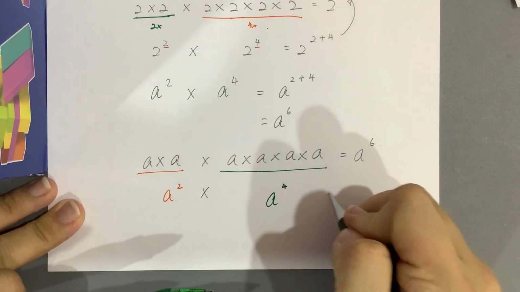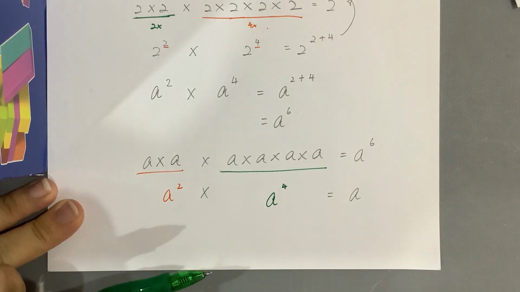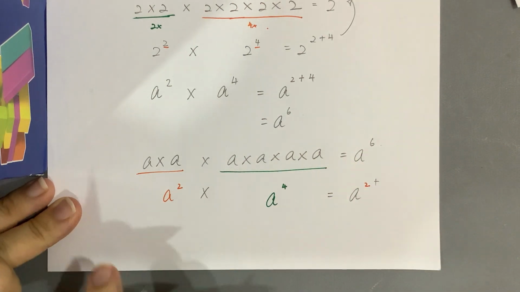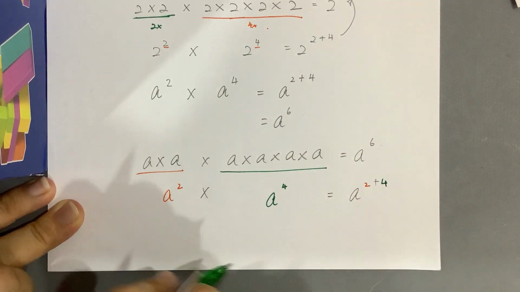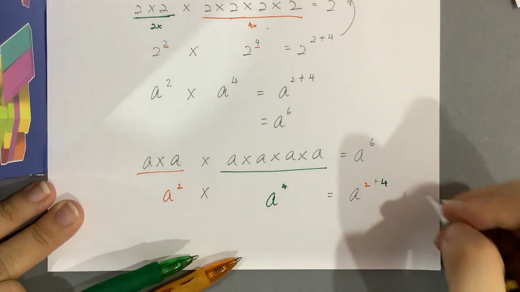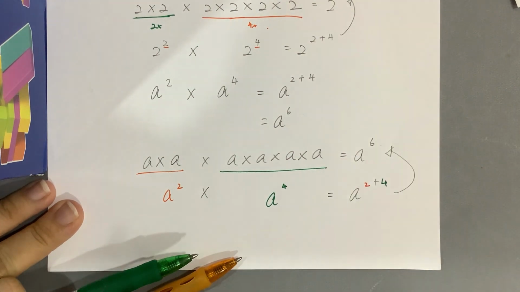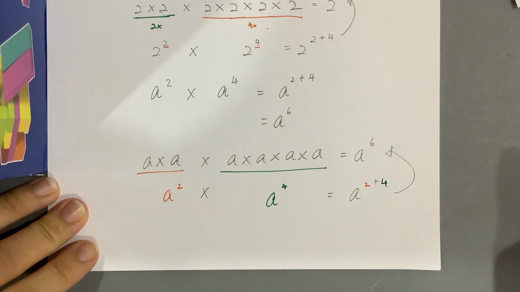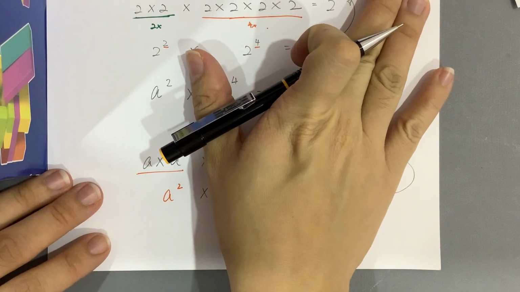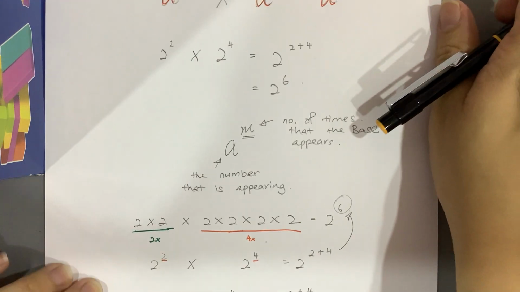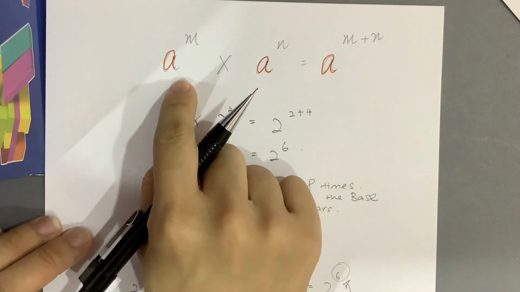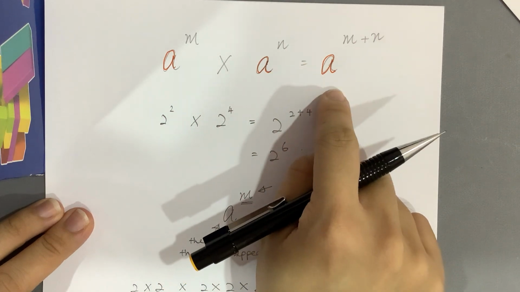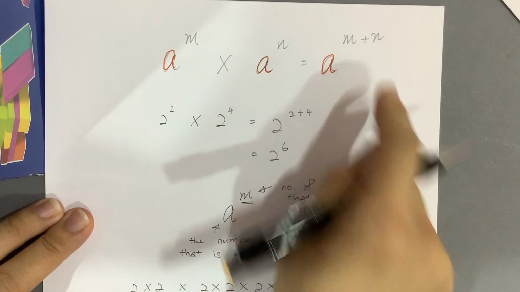That's why it is a to the power of 2 plus 4, which is the same as a to the power of 6. So this explains to you why we use this indices law, a to the power m times a to the power n equals a to the power m plus n.